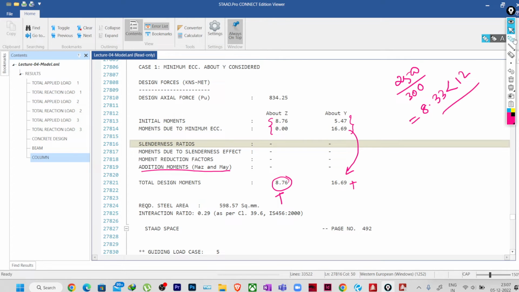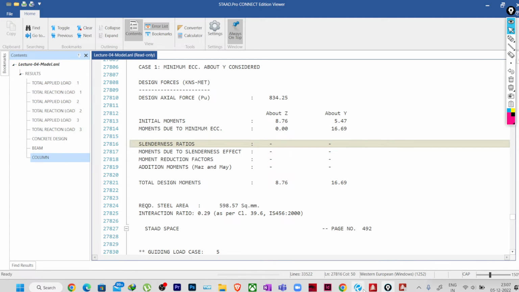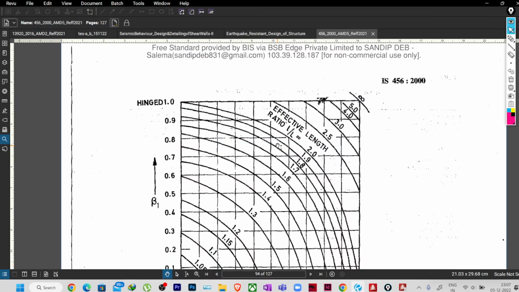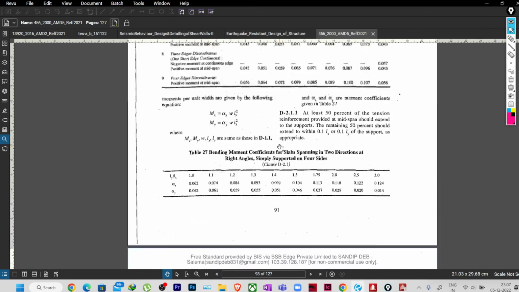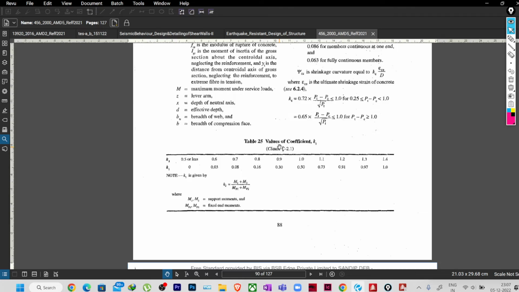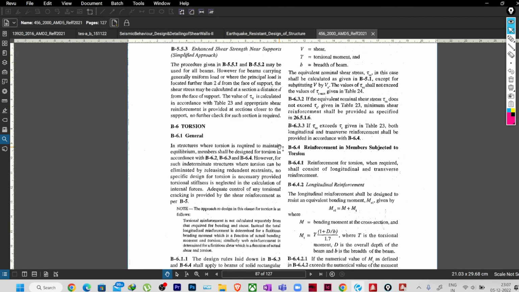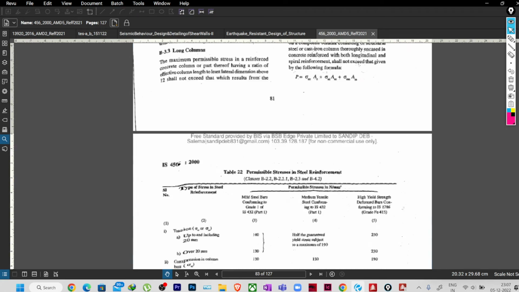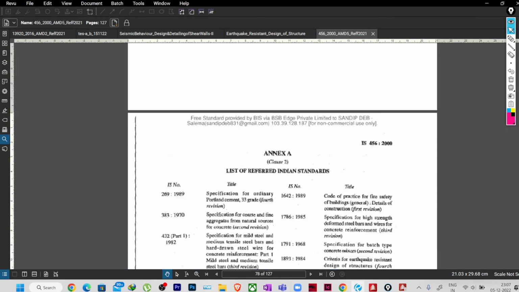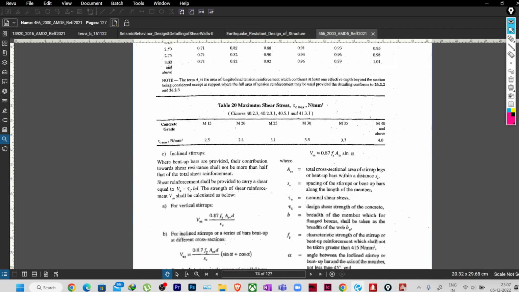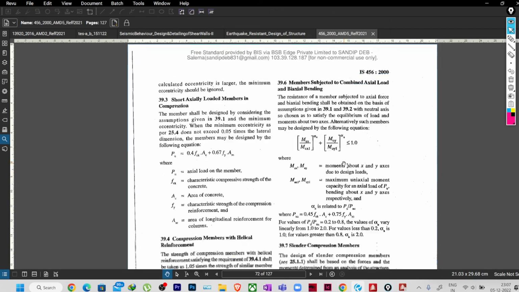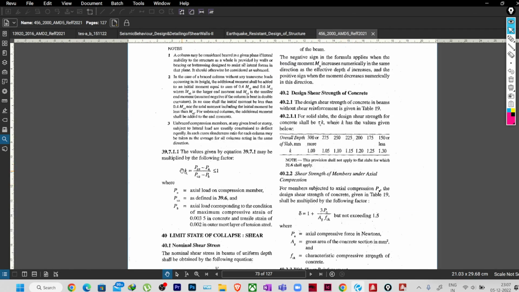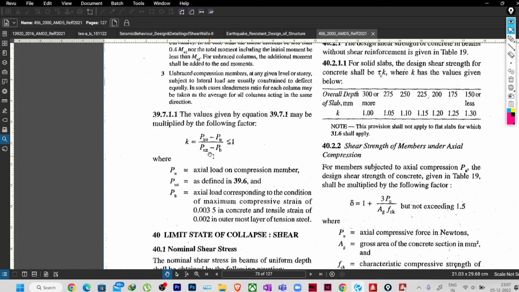Let me take you to the clause so that you can have a clear idea of it. Let me minimize it. Yeah, here you can see the values given.